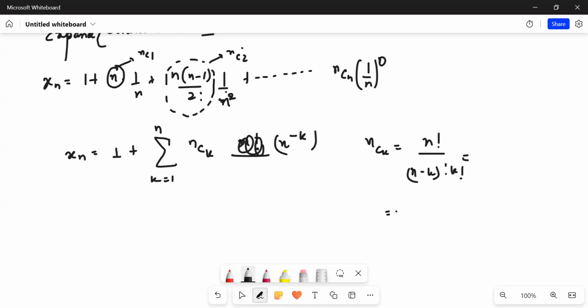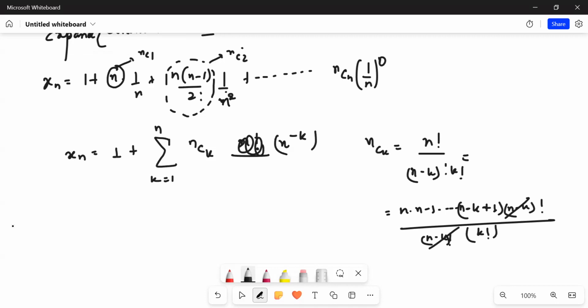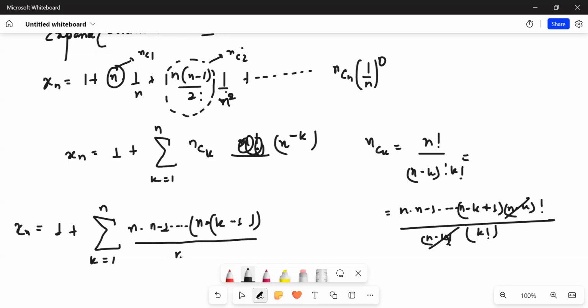This would give you n into n minus 1 up to n minus k plus 1, divided by k factorial. So xn equals 1 plus summation k equals 1 to n of n into n minus 1 up to n minus k plus 1, divided by k factorial, divided by n raised to power k.